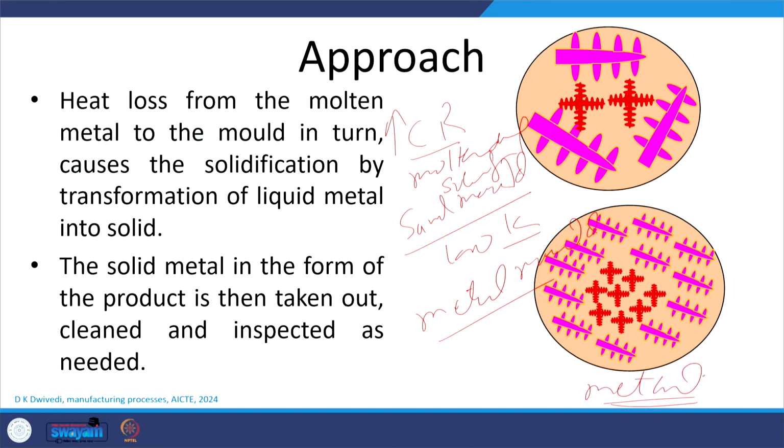Say this is the metallic mold. So, it will be producing the fine dendritic structure and equiaxial structure, while the sand mold, which extracts and transfers the heat from the molten metal slowly, will be producing the coarser grains.